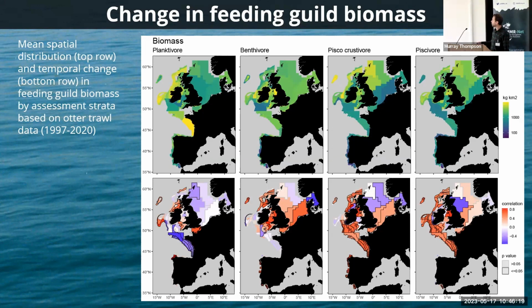Blue is down, red is up, and if it has a black box around it, it means a significant correlation. The key take-home message from this plot is a food web response in the Celtic Seas: you can see decreasing planktivores, but increasing fish higher up, so pisco-crustivores and piscivores, and also increasing benthivores in the southern North Sea. These have really coincided with big reductions in fishing effort.